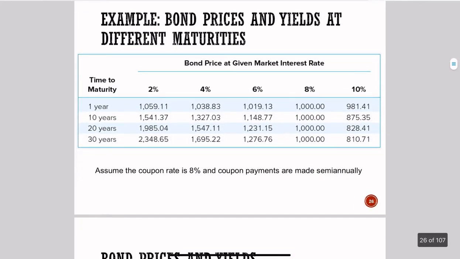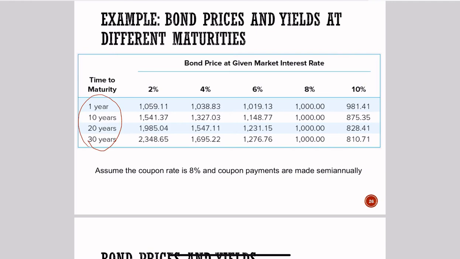Okay, now let's see a table or a very simple calculation which tells you how bond prices and interest rates are related at different maturities. So here you can see that we have 4 different kinds of maturities, right? We have 1 year, 10 years, 20 years, and 30 years, from very short maturity to very long maturity.